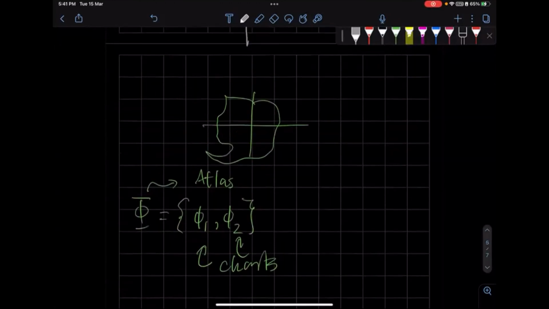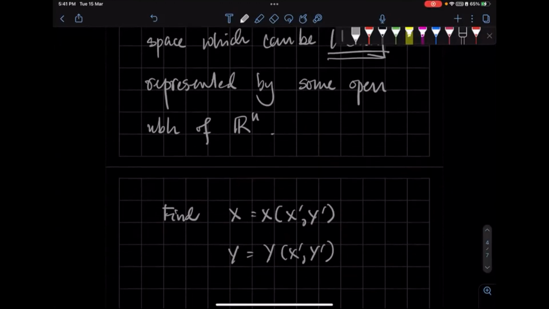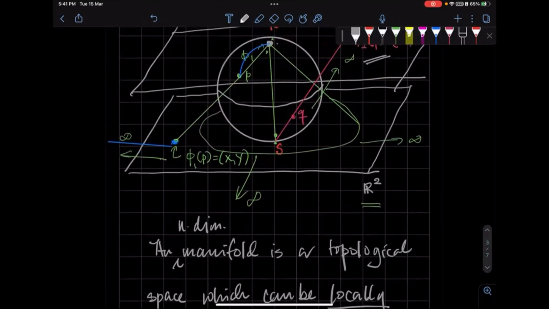The important point to note is that neither of these things is preserved under this projection. If I project over here, this is the distance. Here the distance is much greater, right?